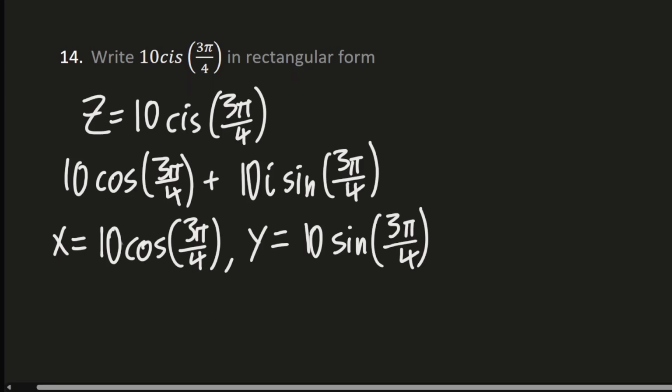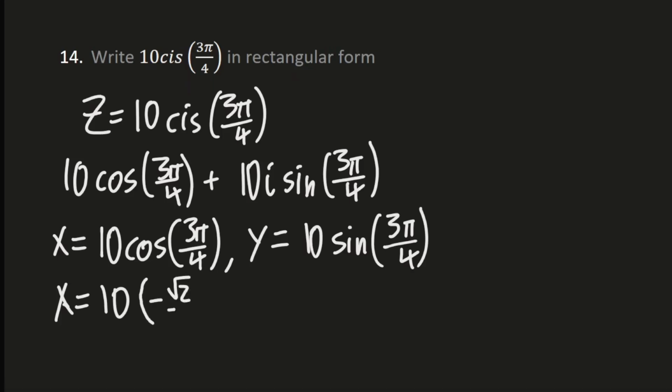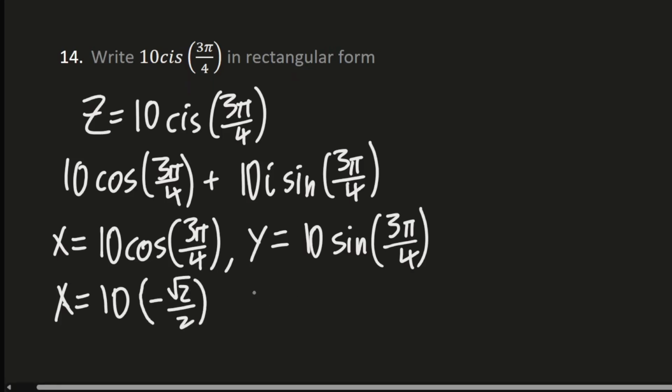So x is equal to 10 times negative square root 2 over 2, and y is equal to 10 times square root of 2 over 2.